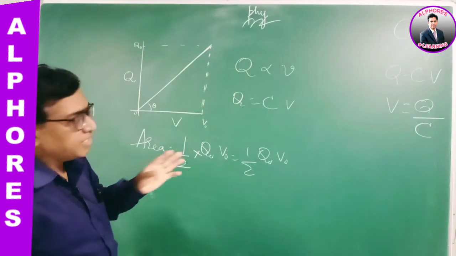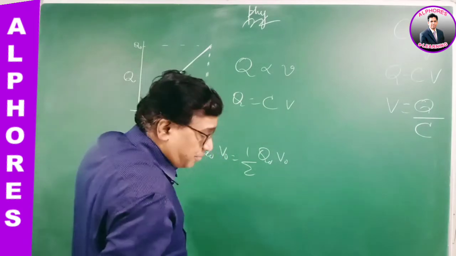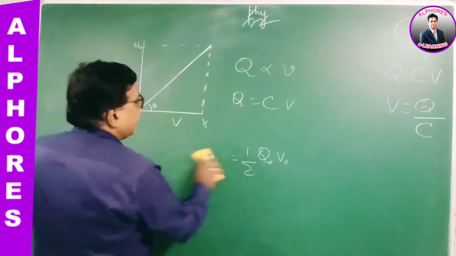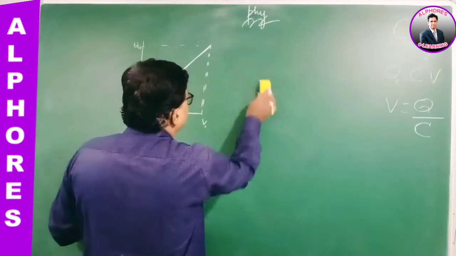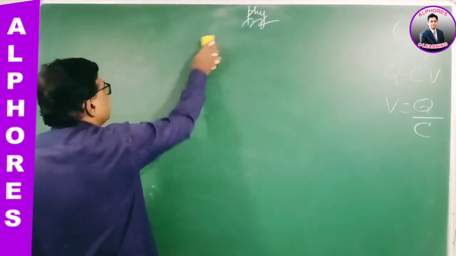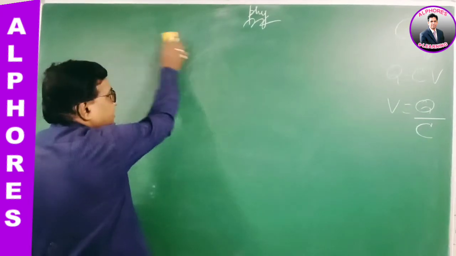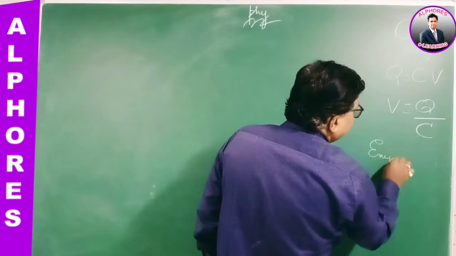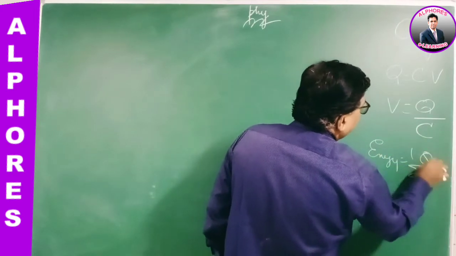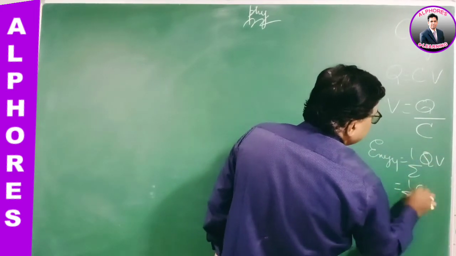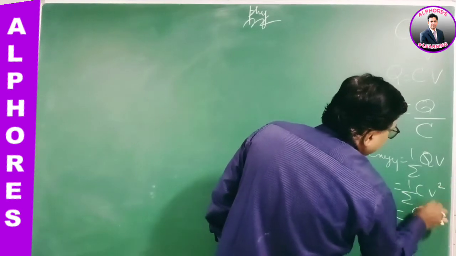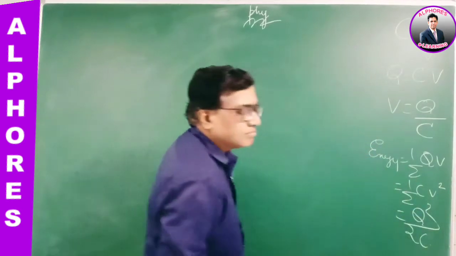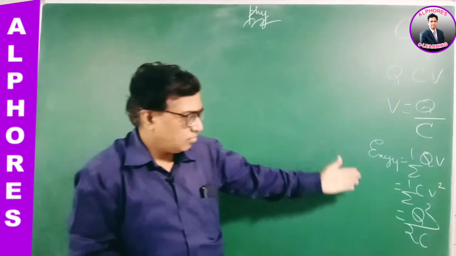The area of this graph represents the energy stored in a capacitor, half QV. The energy stored in a capacitor is half QV, or half CV square, or Q square by 2C.